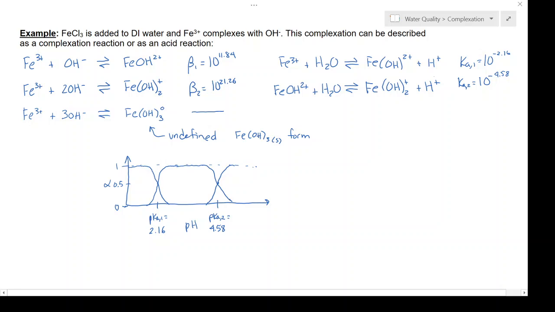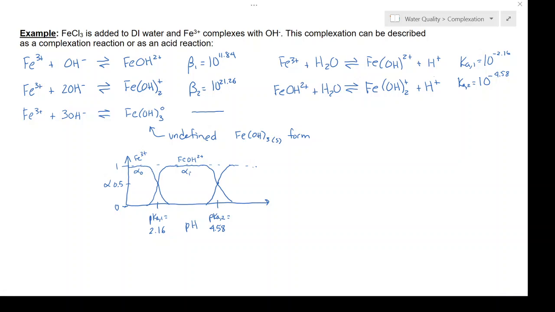So below a pH of 2.16, our first species is going to be dominant, which is the Fe3+, and the alpha that goes with this is alpha naught. Between 2.16 and 4.58, FeOH2+ is going to be dominant, and it goes with the alpha 1.